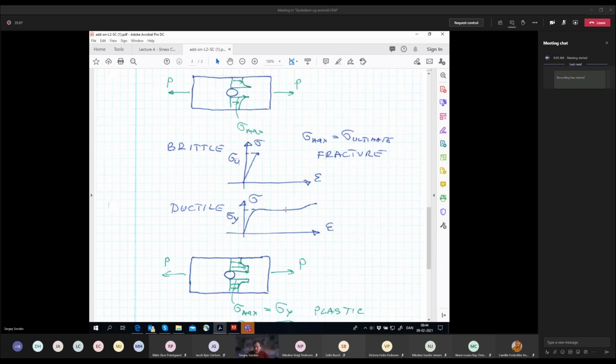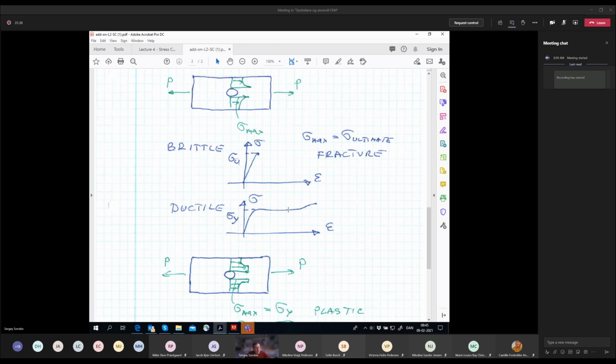But if we have a ductile material, then what happens is that you have this yield phenomenon. And again, I hope that yield rings a bell for you, because this is what you have discussed with Joran for sure. This yield phenomenon means that you have irreversible plastic deformation. If you take the specimen, first it's linearly elastic, then you go to this yield deformation.